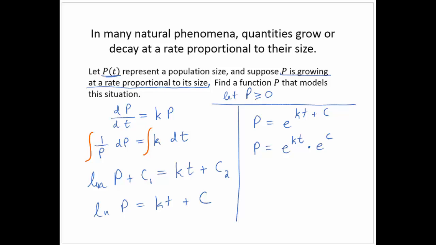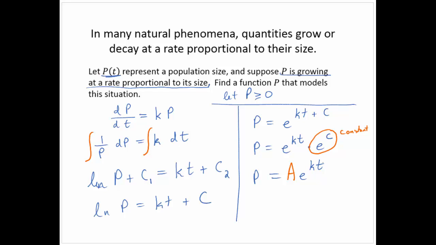Now, since C is a constant, e to the C is a constant, right, because e is a constant. And so what we generally do here is we write that constant as some other letter. What we normally do now is rewrite that P of t, or just P, is equal to, I'll use A, e to the kt.